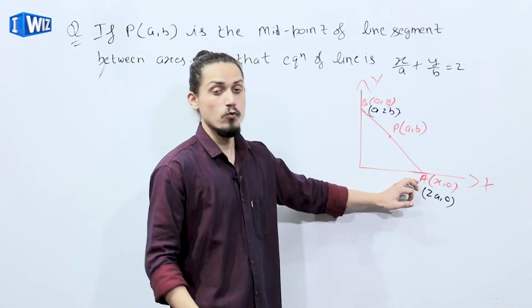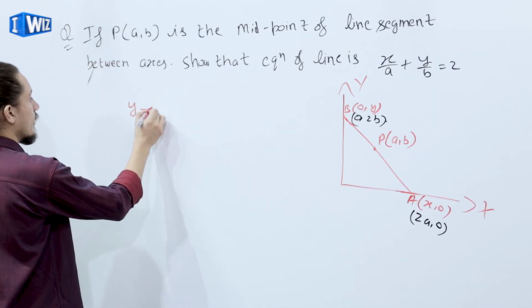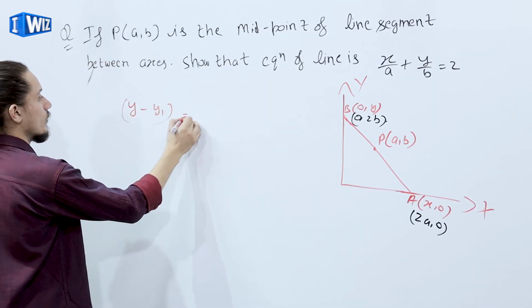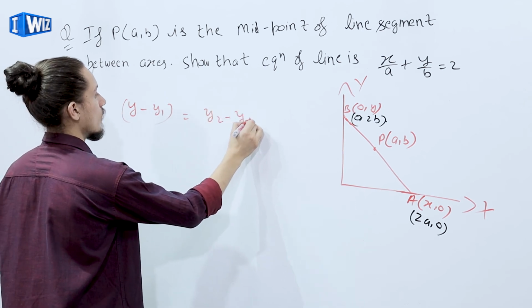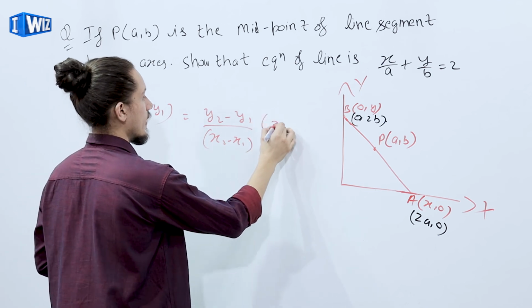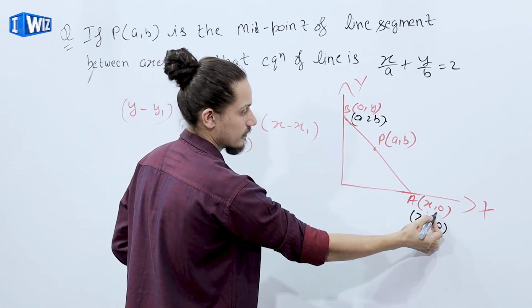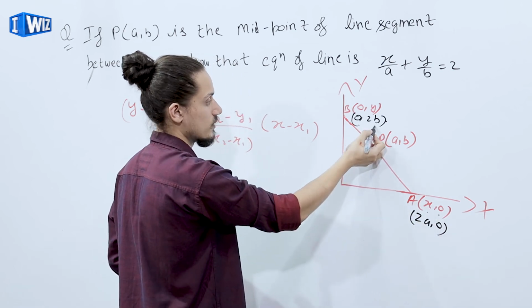We can use 2-point method to find equation of line. So we write y minus y1 is equal to y2 minus y1 upon x2 minus x1 into x minus x1. Now in this case, this is x1, this is y1, this is x2, this is y2.